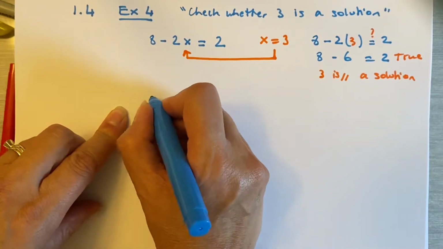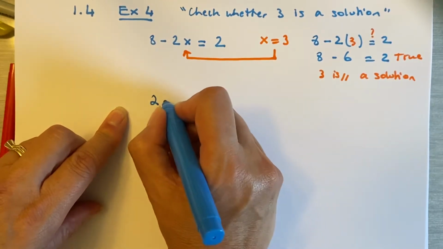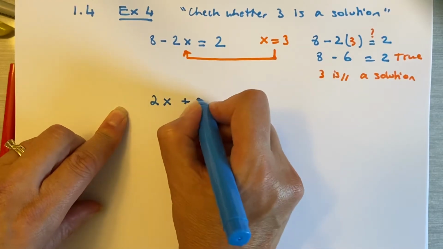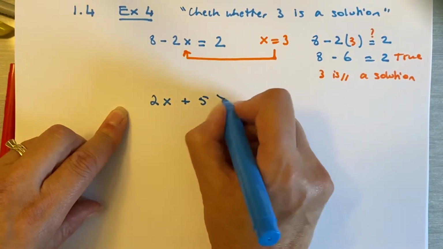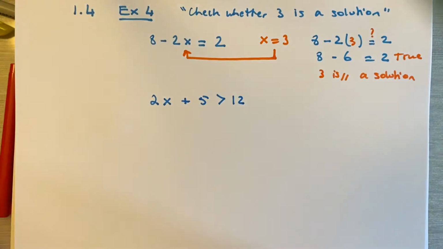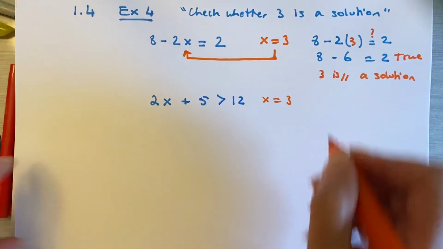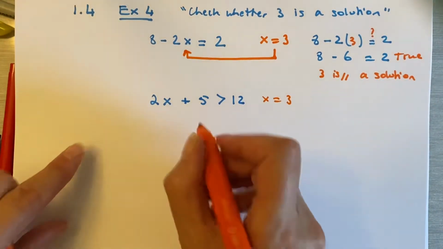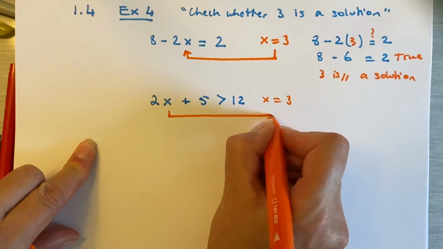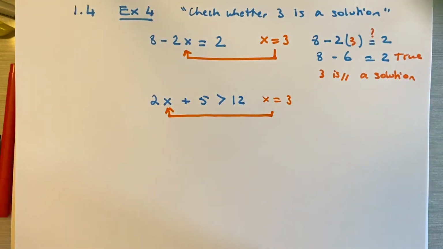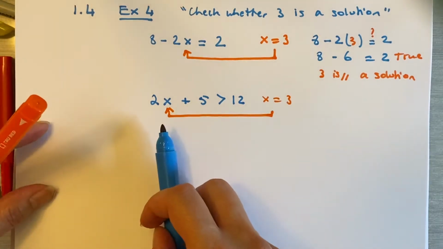If I have 2x plus 5 is greater than 12, and I want to find out again, is 3 a solution? Now, I know for those of you who are watching that the book uses z instead of x, but my z's aren't great, so I avoid them. So I'm going to plug in 3 for x.